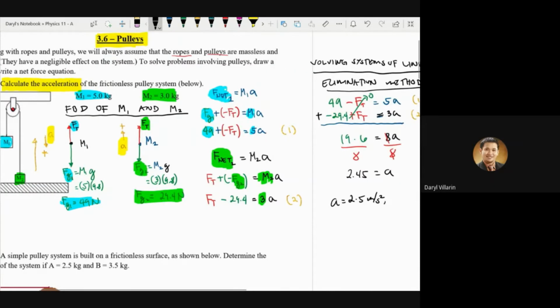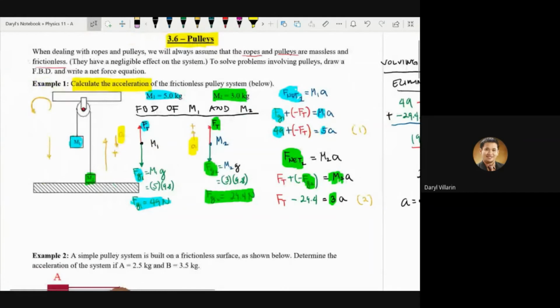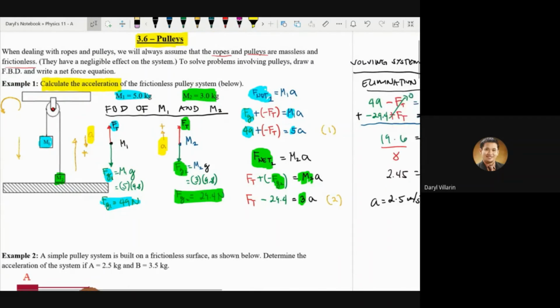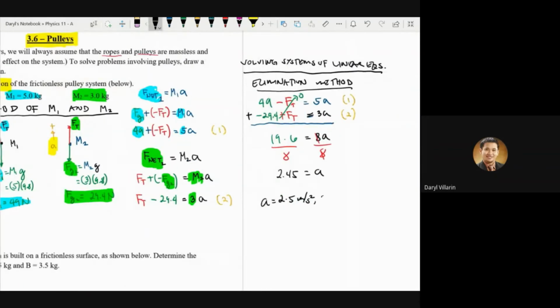And indeed, since this is a positive value, that means that we correctly identified the direction of your acceleration. So therefore, we say counterclockwise. So your answer is 2.5 meters per second squared.